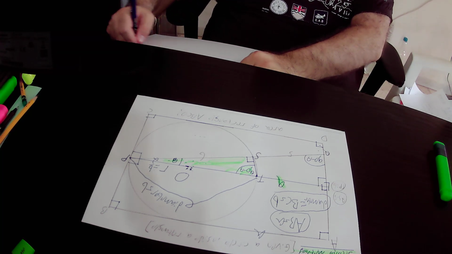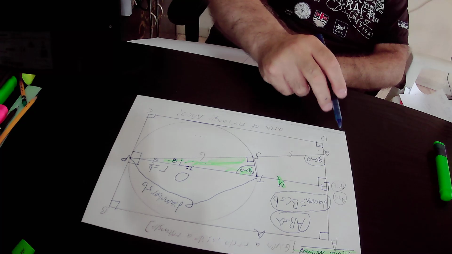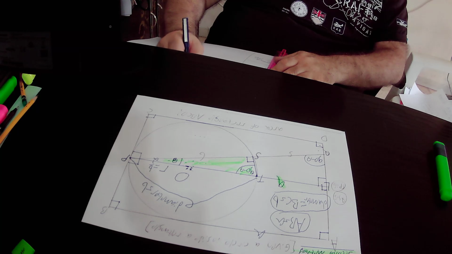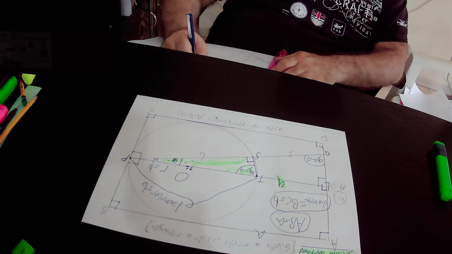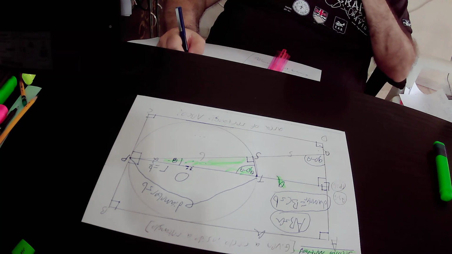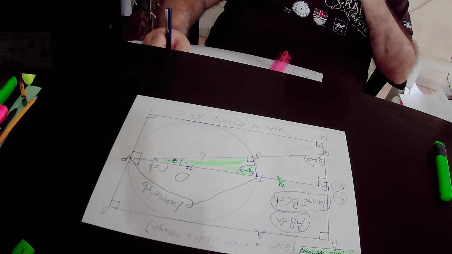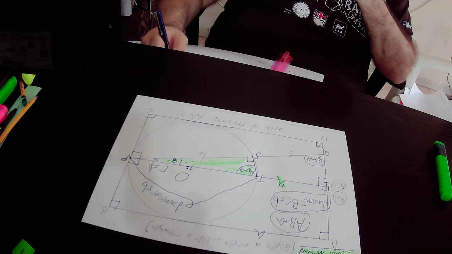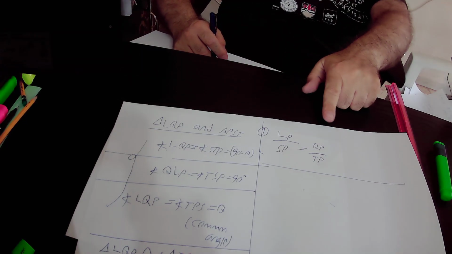We conclude that side LP in the big right triangle over side SP in the small green right triangle is equal to side QP in the big right triangle over side TP in the small green right triangle. Repeat again, we conclude that LP over SP equals QP over TP.